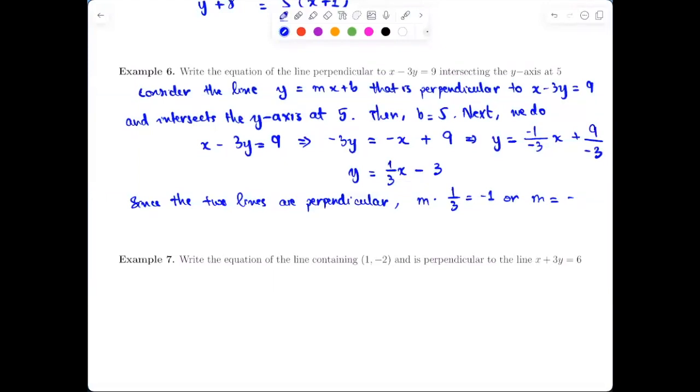So m times 1/3 is equal to -1. Therefore, m is equal to -3. So the equation of the line is y equals -3x plus 5.